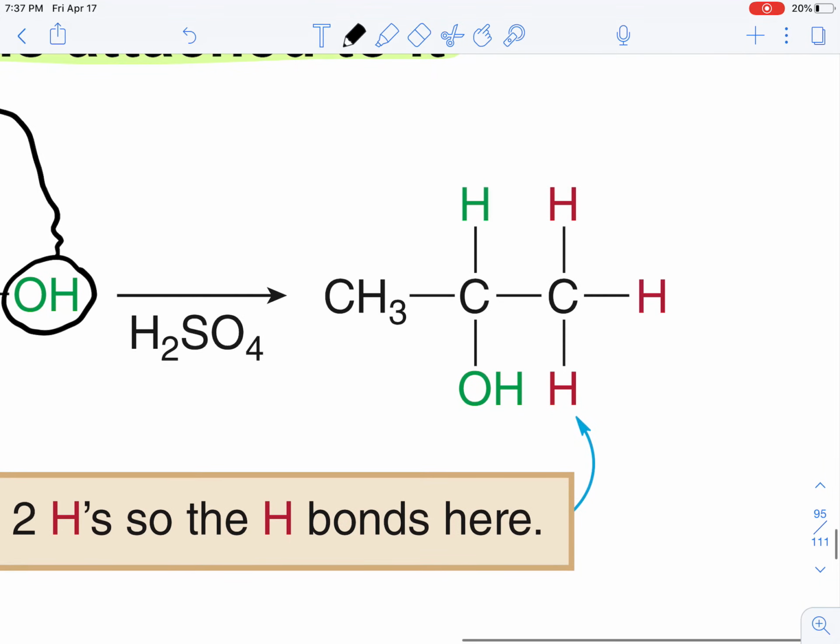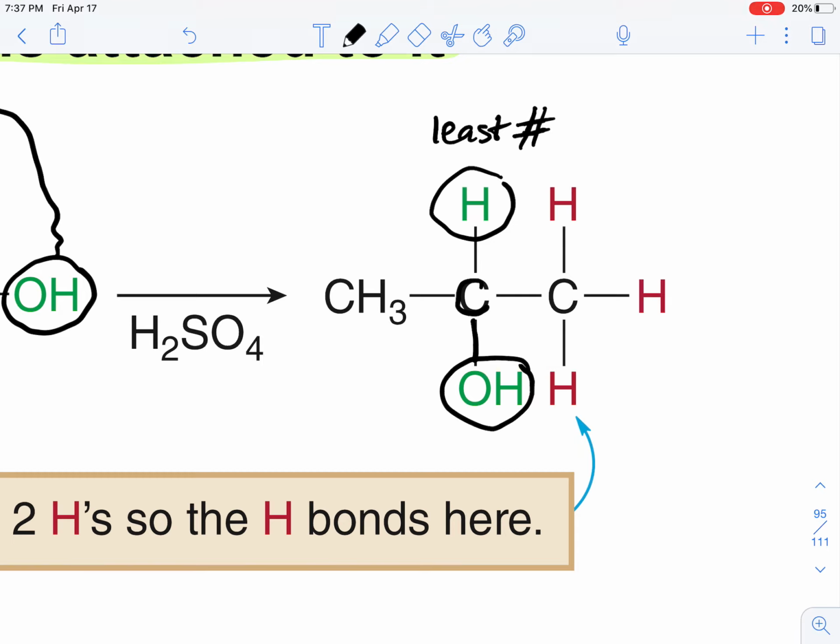The final product is the alcohol on the carbon that has the least number of hydrogens, and that hydrogen from water is going to go to the side that has the most hydrogens. So hydrogens with hydrogens.